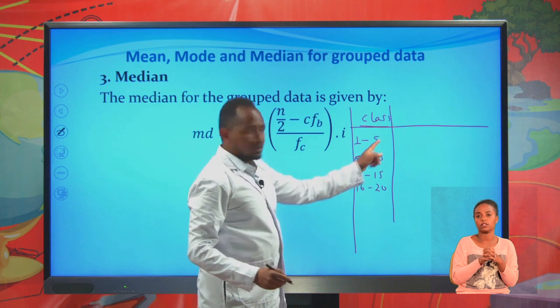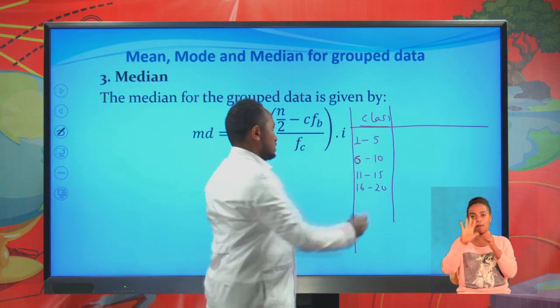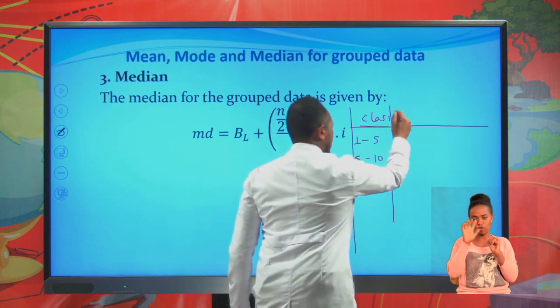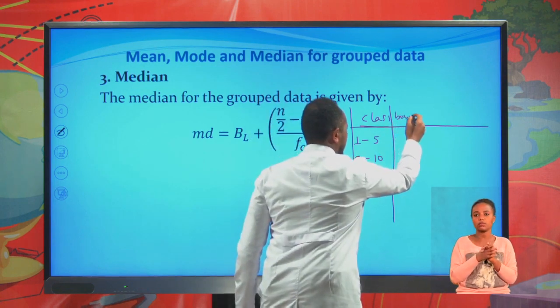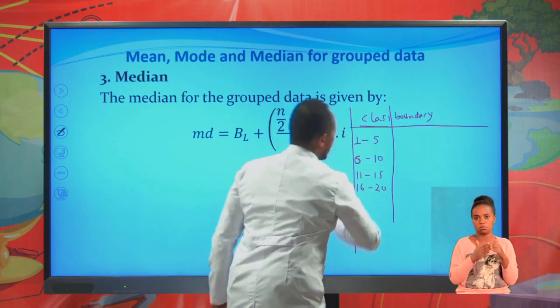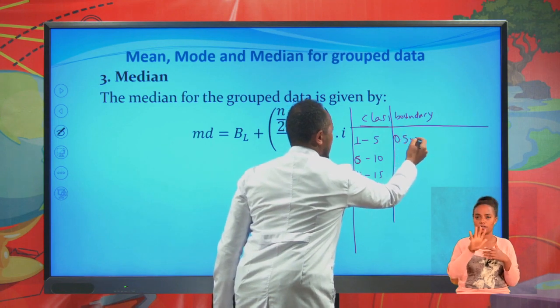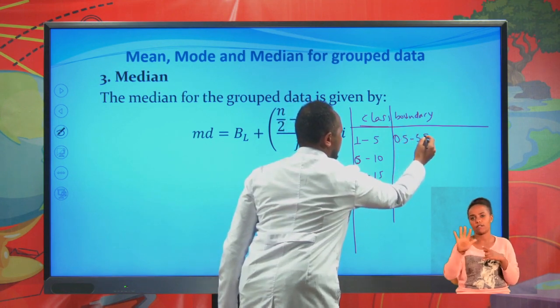So take the difference between the two, it is 1, divided by 2, it is 0.5. As we did previously, let's find the class boundary. The class boundary is from 0.5 up to 5.5.